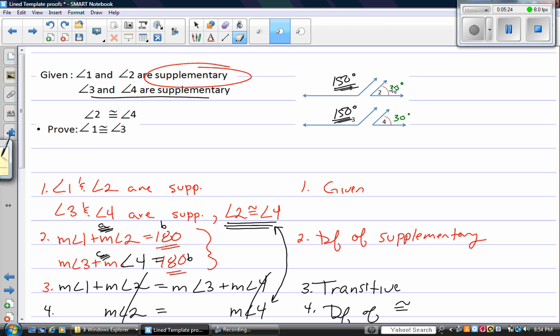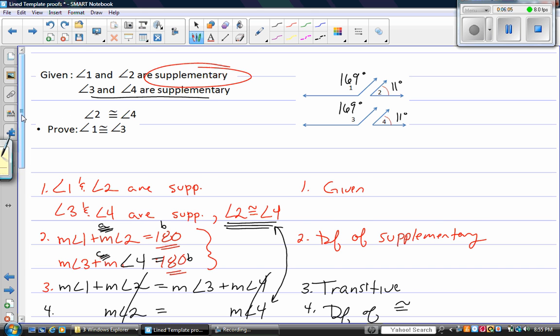Okay? The same thing would hold. Try any value that you would possibly want for angle 2. If I tried 11 degrees, then angle 4 is going to be 11 degrees. And if these are supplementary, then this angle here is going to have to be 169 degrees, and so is this angle here. Now there's an infinite number of values that you could try for the measure of angle 2. So we could sit here all day, forever, trying to convince ourselves that if angle 2 is congruent to angle 4, then angle 1 has to be congruent to angle 3.